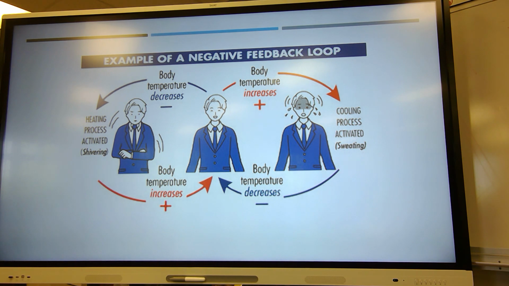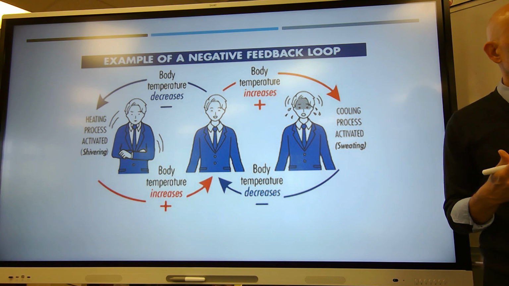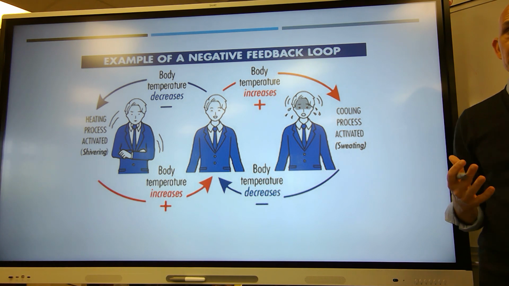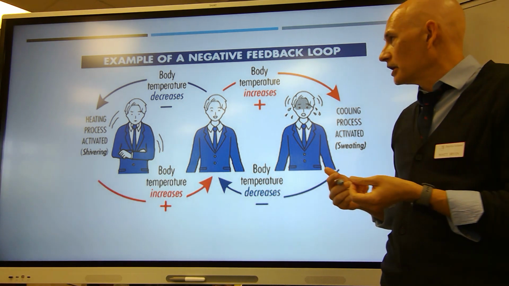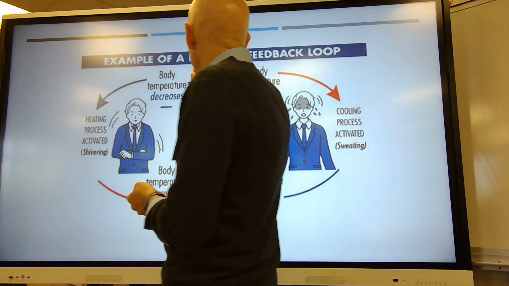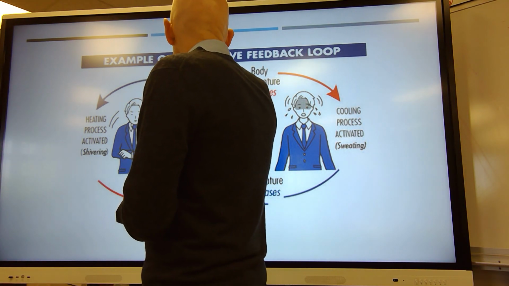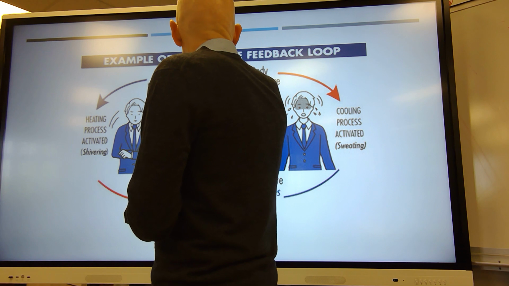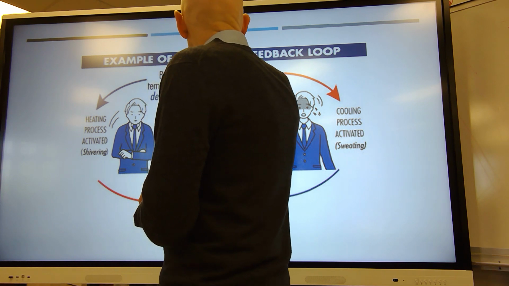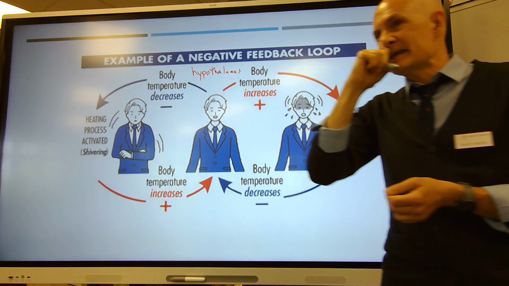Body temperature: when you get too hot, you're going to sweat. When you get too cold, you're going to shiver. Both of those are, again, negative feedback because you're countering what's going on. All of this is regulated by your hypothalamus, that's your internal thermostat.